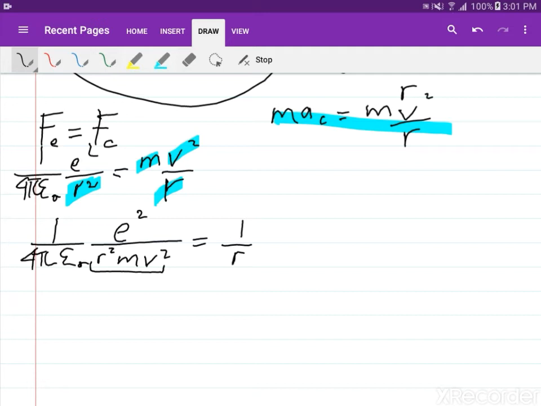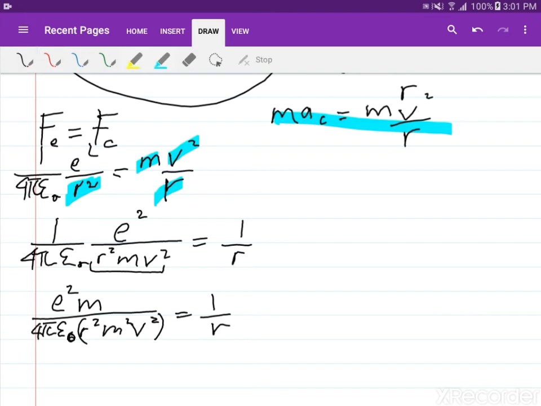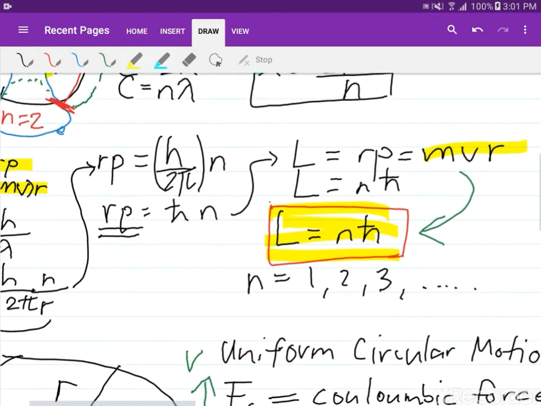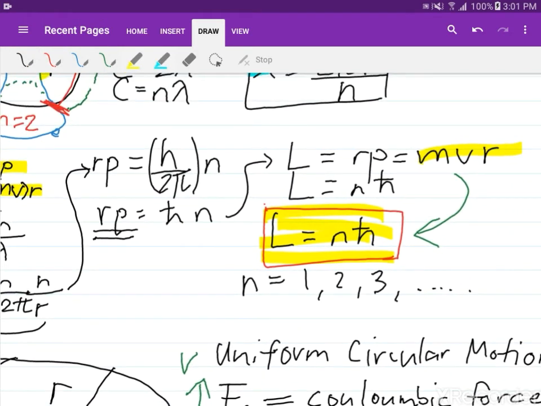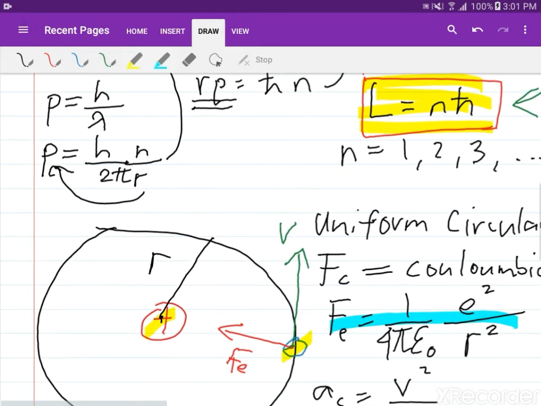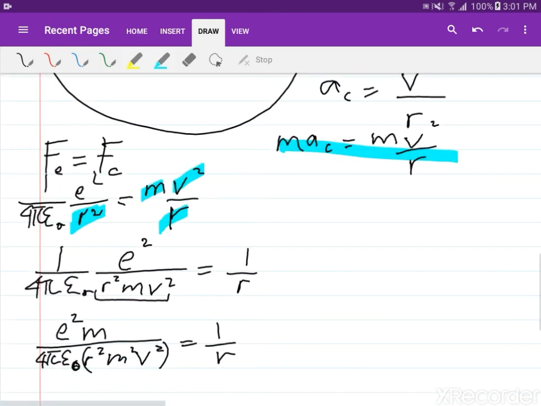Now I have e squared times m all over 4 pi epsilon naught r squared m squared v squared equals 1 over r. Now this term is L squared, and L is n h bar, so we get n squared h bar squared.